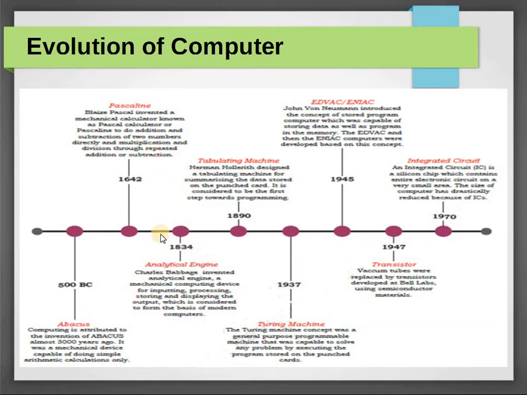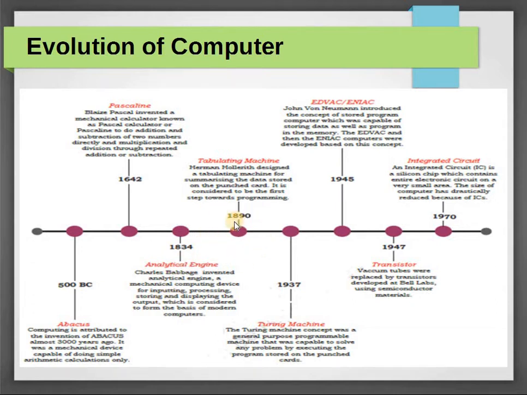Then in 1834, the analytical engine was invented by Charles Babbage. It was a computing device for inputting, processing, storing and displaying the output, which is considered to form the basis of the modern computer. That's why Charles Babbage is known as the father of computer.